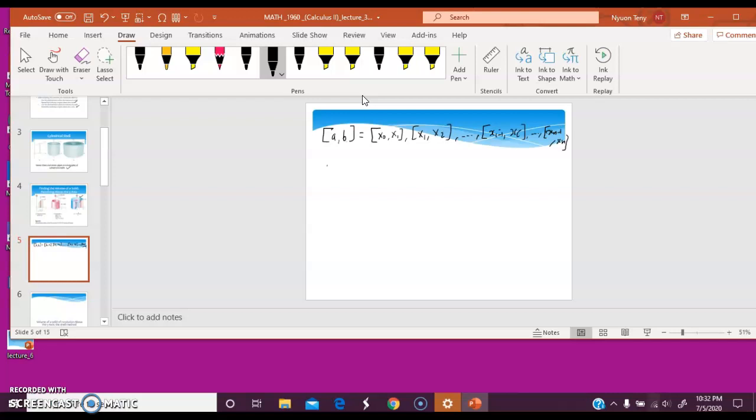So we would say delta x is equal to (b minus a) over n.